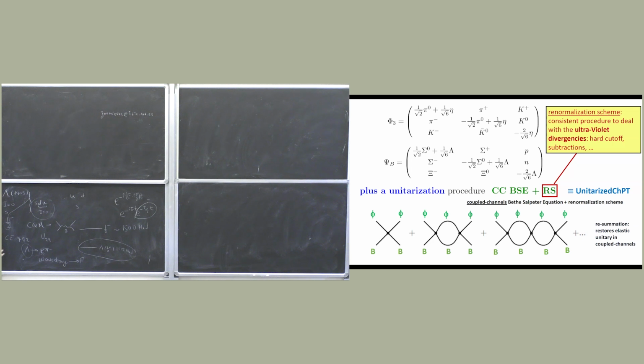And you know that the Breit-Wigner is a distribution of this type, where E is the energy, something like that.